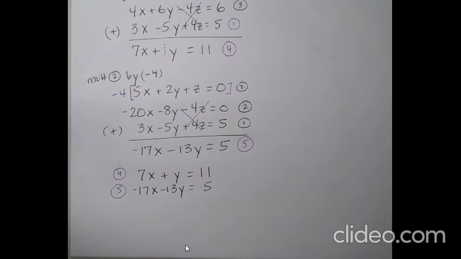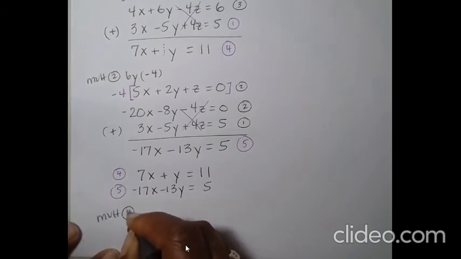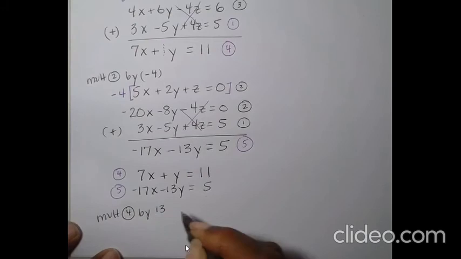Well, two things can happen. We can either solve for y and then substitute that value into here and solve, or we can multiply one of these or the other one by a number and get something that can be eliminated. I think it would be best to multiply equation 4 by 13.